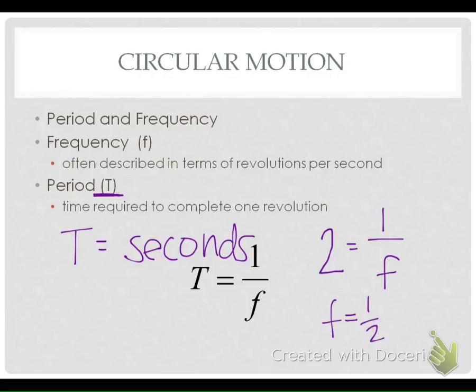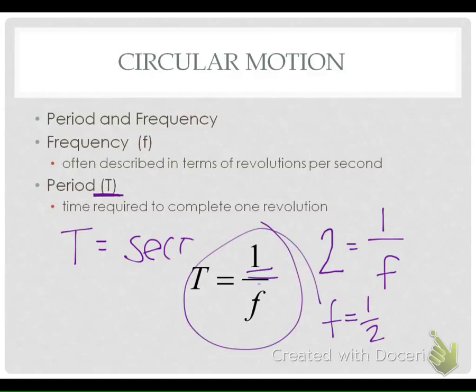If it takes me 2 seconds to get around the circle one time, that means in 1 second I should be able to get around half the circle. Okay, do we see the relationship between those? Yes. Okay, period and frequency have this relationship based on this equation here, this 1 over f equation. Okay? The 1 is because we're only talking about one revolution. All right?